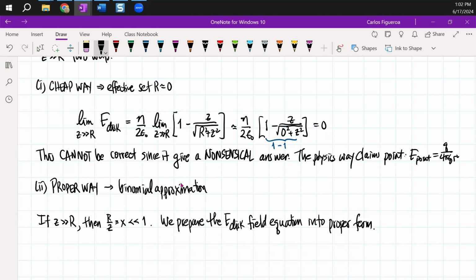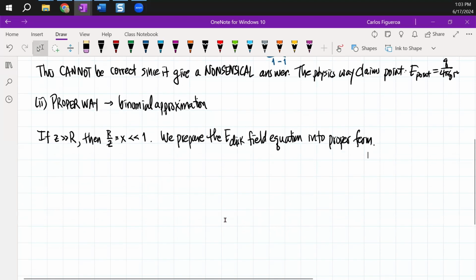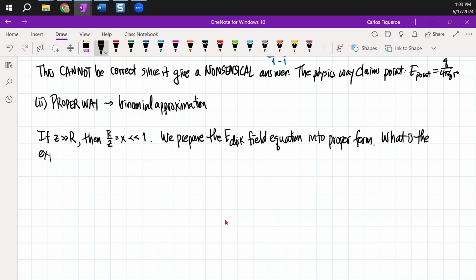Okay, so the proper form then says this: I've got to create that r over z. So I'm really asking, what is the expansion parameter? And the answer is it's x equal to r divided by z, because that's really small.